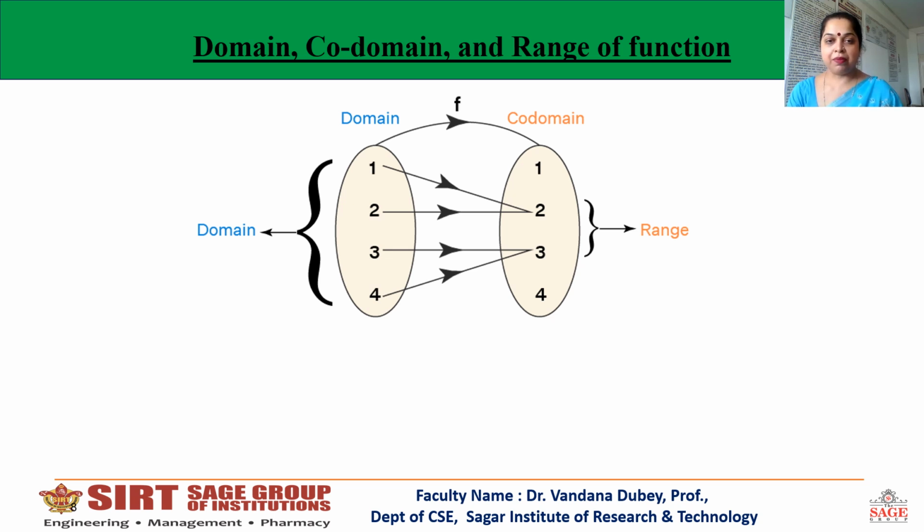So in this example, the first complete set containing elements 1, 2, 3 and 4 is the domain of the function. Then the complete second set containing elements 1, 2, 3 and 4 is the codomain of the function, and the range is elements 2 and 3.